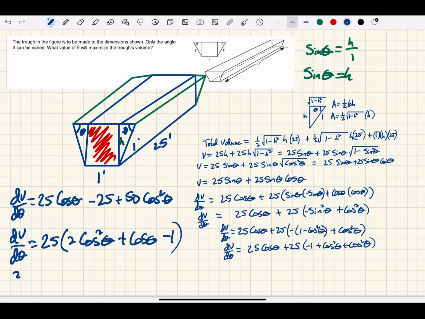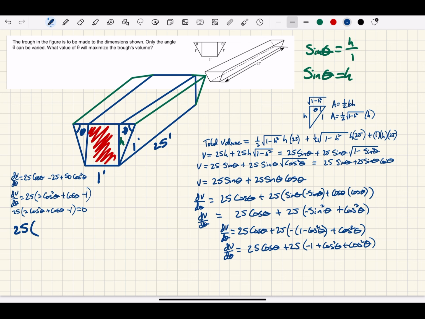So we would have 25 times 2 cosine squared theta plus cosine theta minus 1 equal to 0. But we could factor 2 cosine squared theta plus cosine theta minus 1 into 25 times 2 cosine theta minus 1 times cosine theta plus 1, and then set that equal to 0.